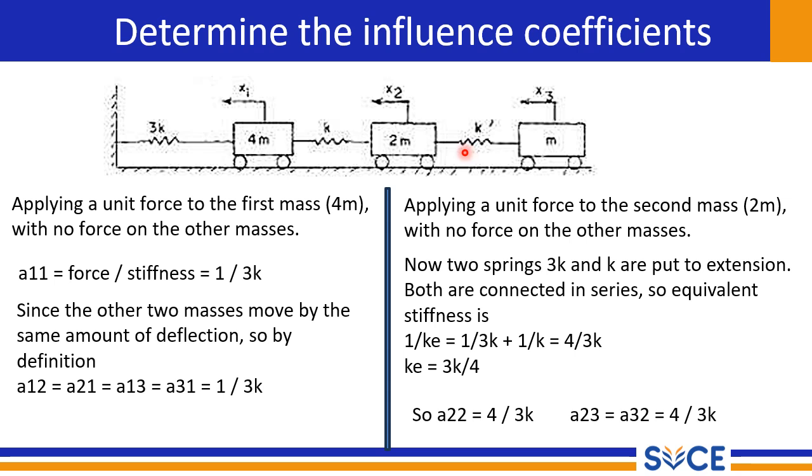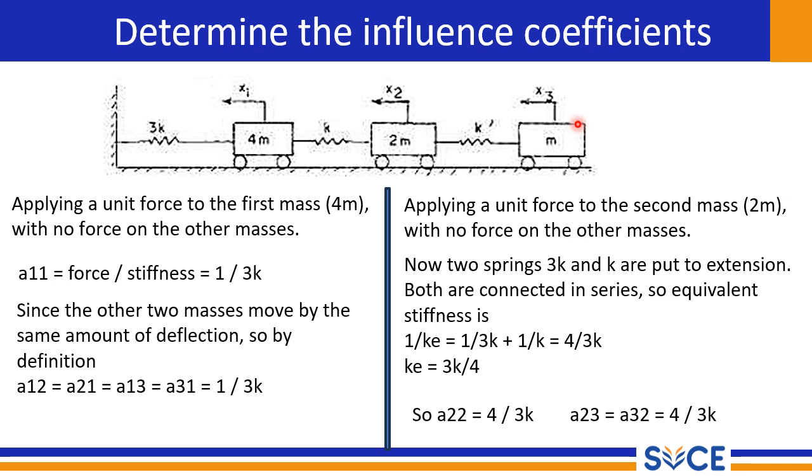This coefficient essentially tells us how much each mass deflects when a unit force is applied to any of these masses. Let me explore this by considering the displacements of the masses as x1, x2, x3, corresponding to the masses 4m, 2m, m respectively.